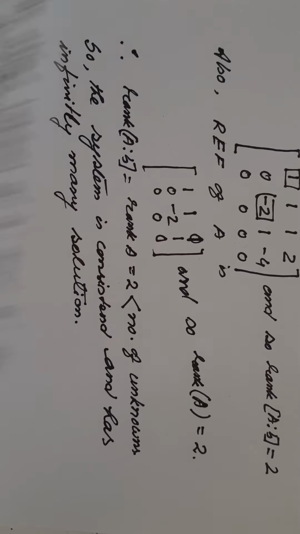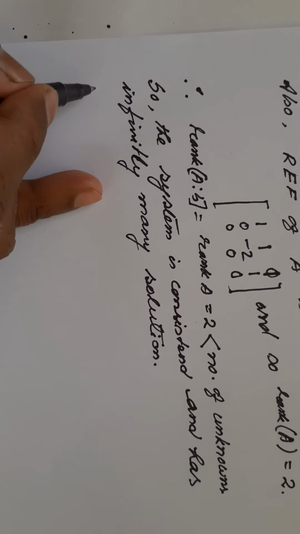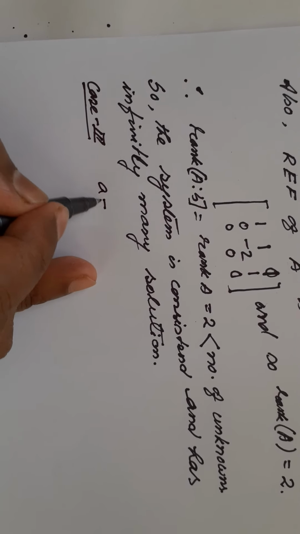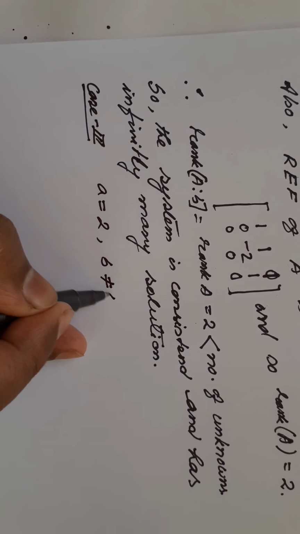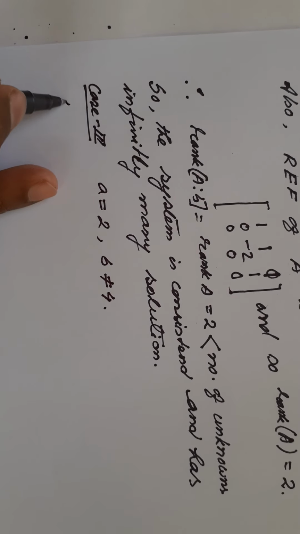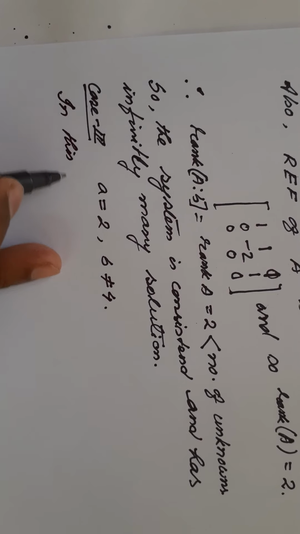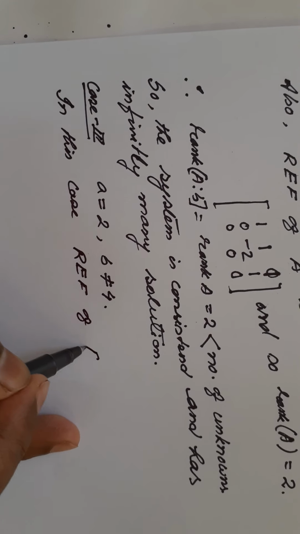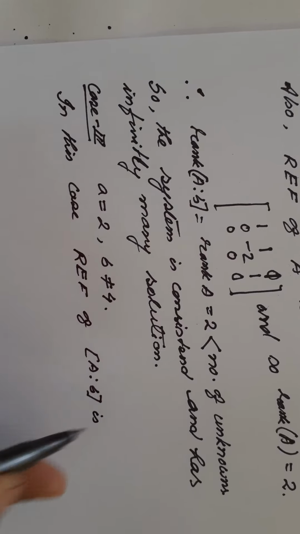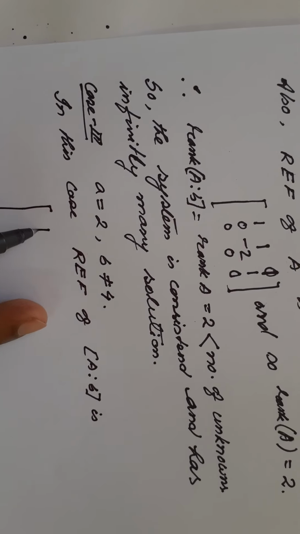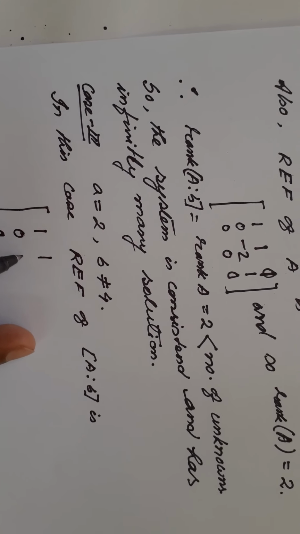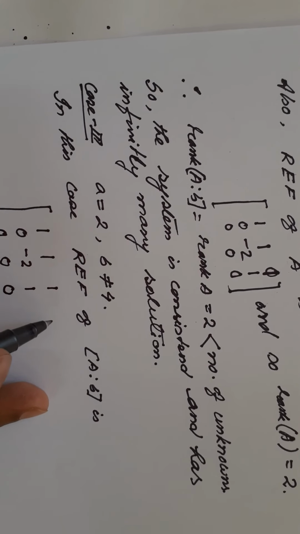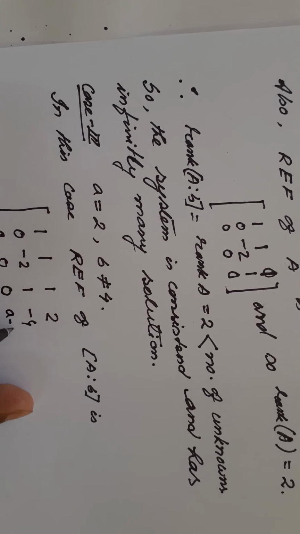So let us take that case now. So case 3, A is equal to 2 but B is not equal to 4. So in this case, REF of AB is [1, 1, 1, 2; 0, -2, -1, -4; 0, 0, 0, B-4].